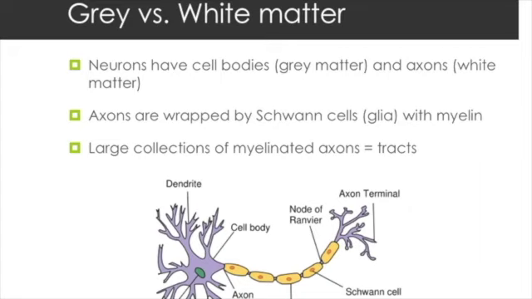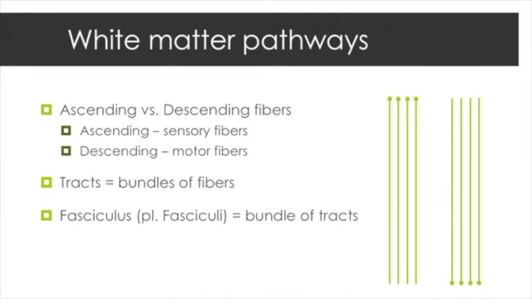When you have large collections of cell bodies, they are connected by large collections of myelinated axons, which together are known as tracts. A tract is just a large collection of myelinated axons. When you have a large bundle of tracts all together, you have what's called a fasciculus. A fasciculus, or plural fasciculi, is just a bundle of white matter tracts.